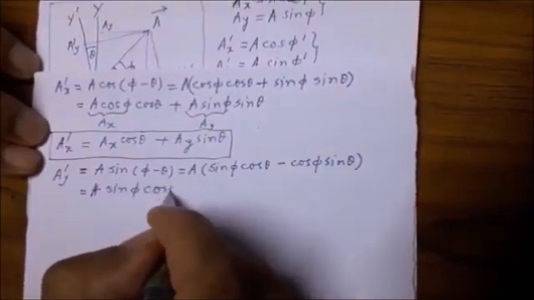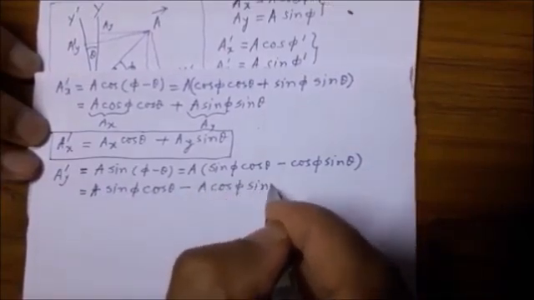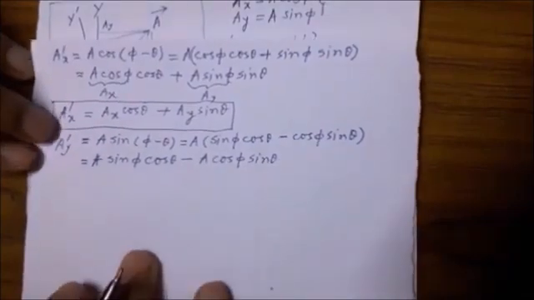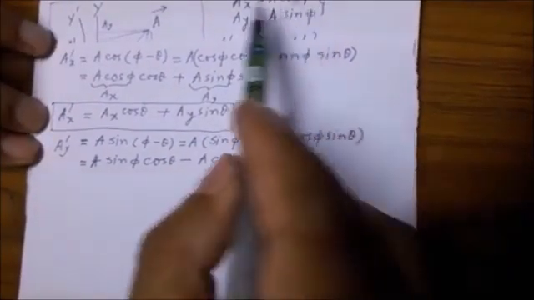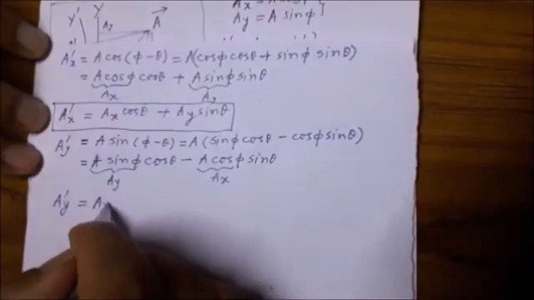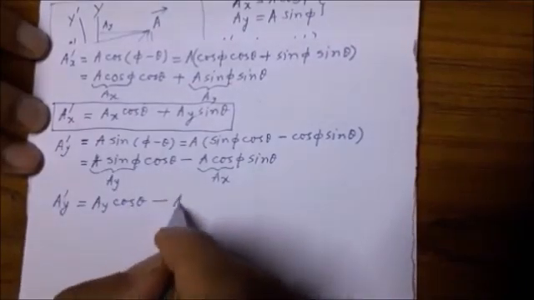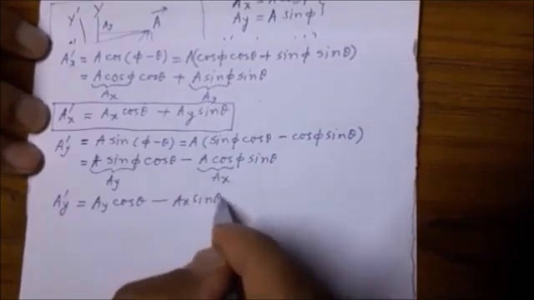We have a sin phi cos theta minus a cos phi sin theta. Now a cos phi is ax, so this portion is ax, and a sin phi is ay, so this portion is ay, and therefore we end up with another transformation relation, ay prime which is ay cos theta minus ax sin theta.